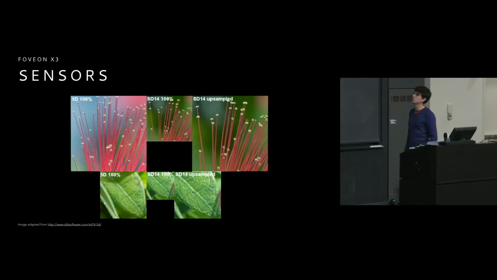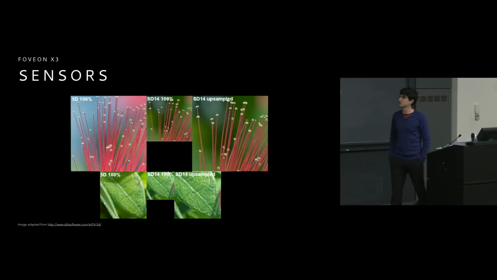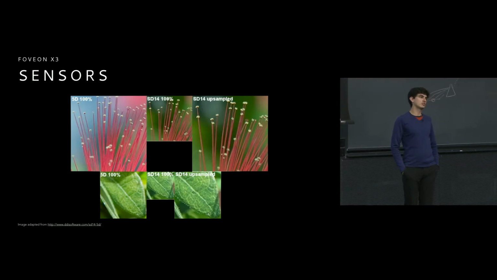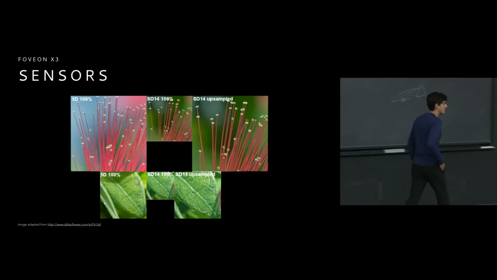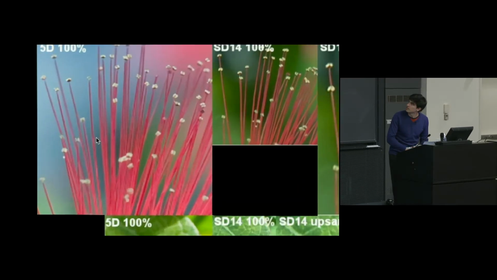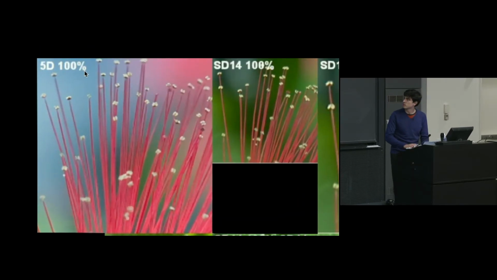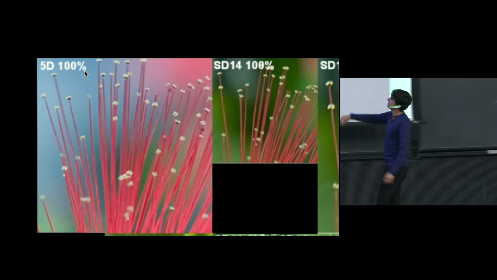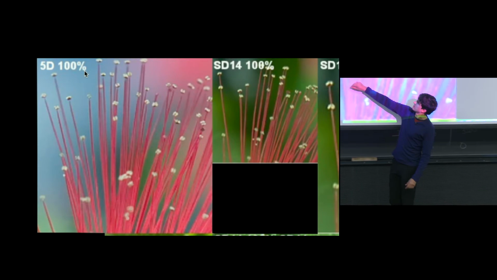Now, let me show you an example of this. Here are a few images taken with different types of sensors. There's two types of sensors, a standard Bayer color filter array sensor and also a Foveon sensor. Let me zoom in on some of these. So we have here on the left a photo taken with an original 5D, and we can sort of see the way that these look.